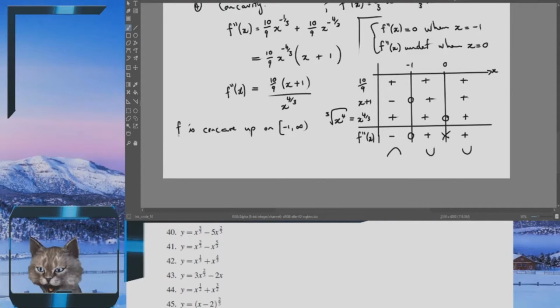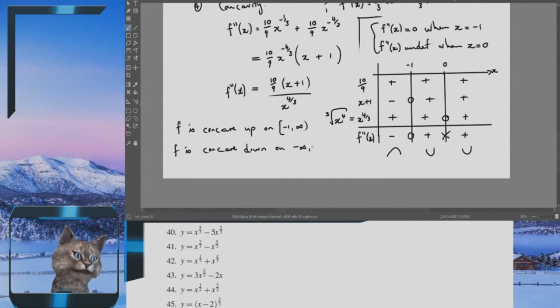Yes, I can, because I'm referring to the function, which is defined everywhere. f is concave down on negative infinity to negative 1.